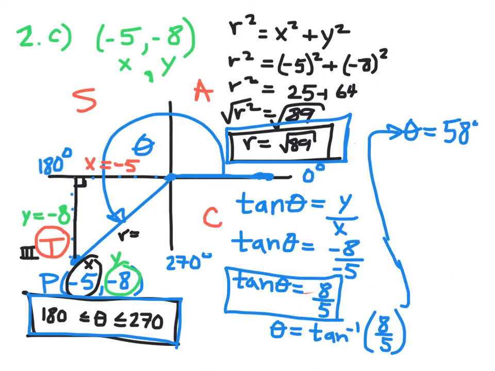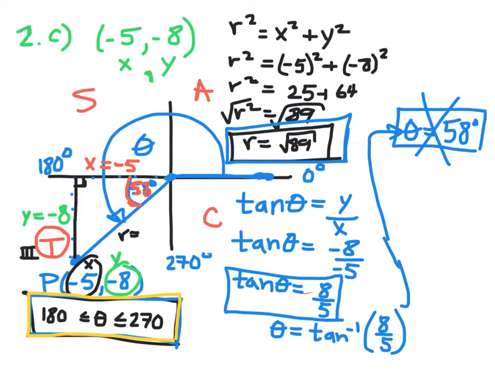Clearly, this is not the correct answer. This is not an answer that is in between 180 and 270, clearly. So what is that telling us? All that's telling us is that this little related angle in here is your 58 degrees.